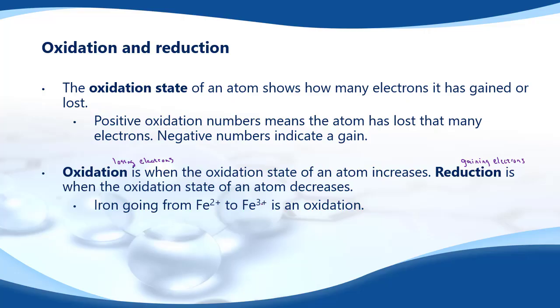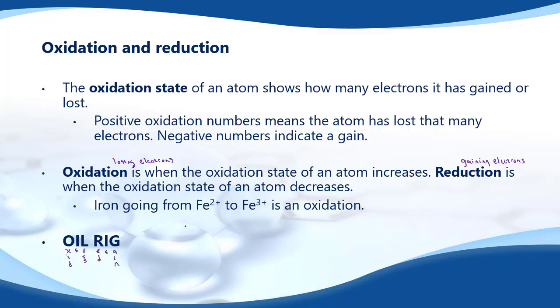Now there's a couple of nice mnemonics that you can use. The one I primarily use is OIL RIG, right? OIL RIG: oxidation is loss, reduction is gain. Right, so oxidation is loss of electrons, reduction is gain of electrons. The other one that you can use is Leo the lion.